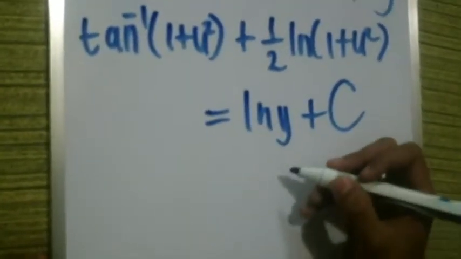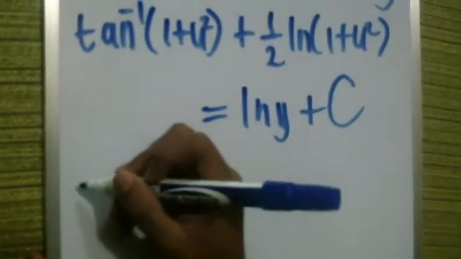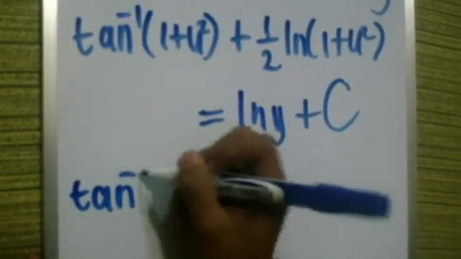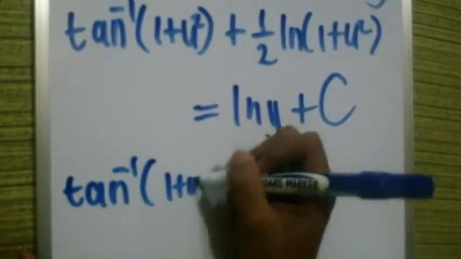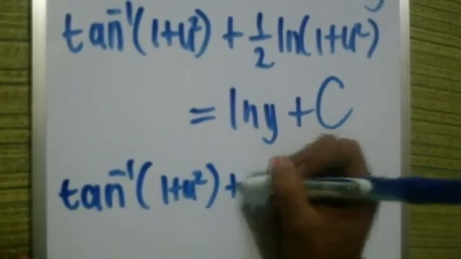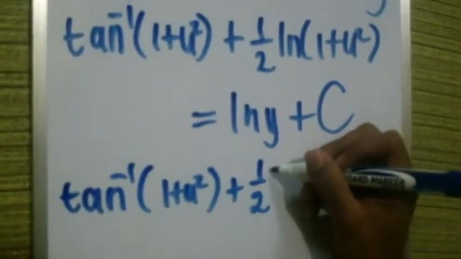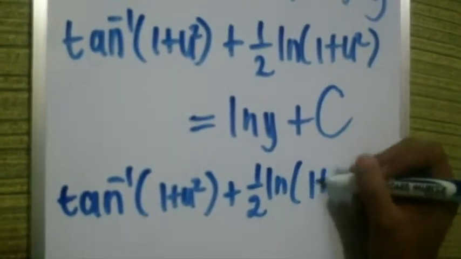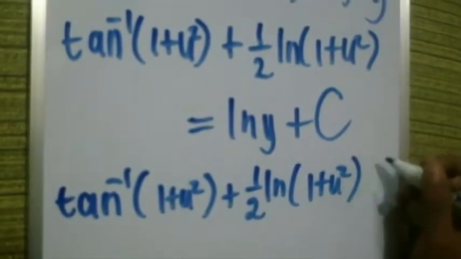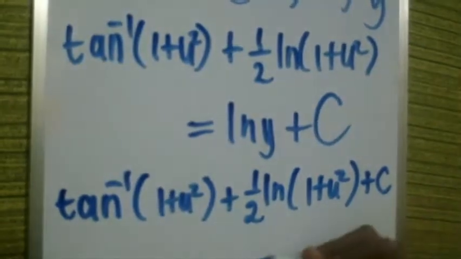So we will have here inverse tangent of u plus 1 half ln of 1 plus u squared plus c is equal to ln of y.